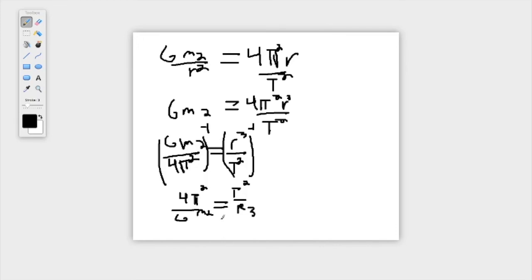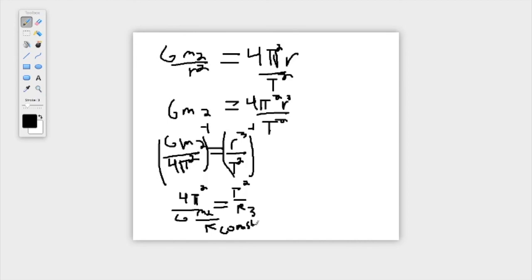So if we look at the left side right here, in most orbits the source mass m2, the bigger planet that attracts the smaller planets or satellites, is most likely going to be constant because you're not going to have a mass change. So we can presume this as a constant because all the planets orbit around this source, like the sun.